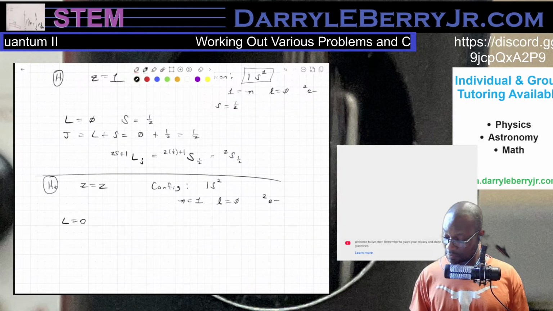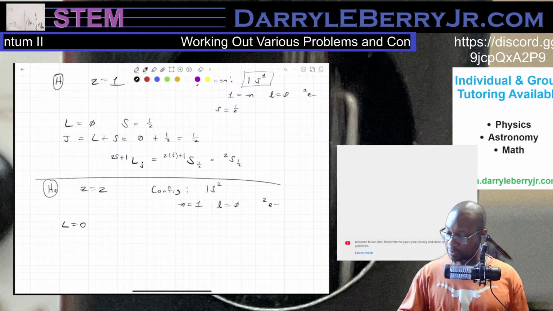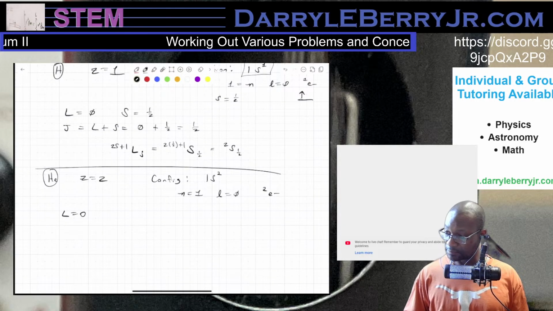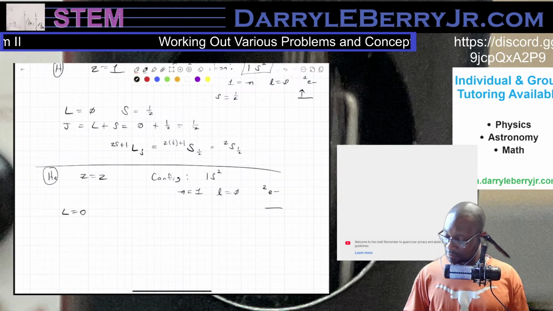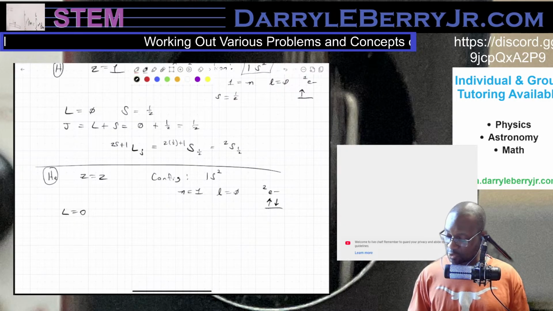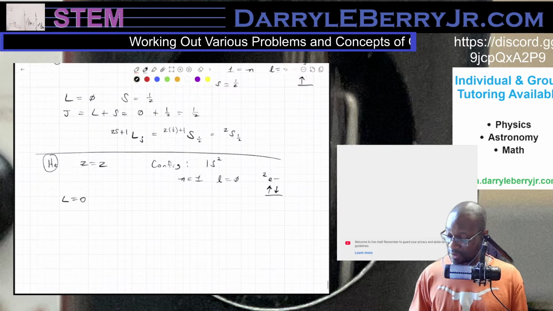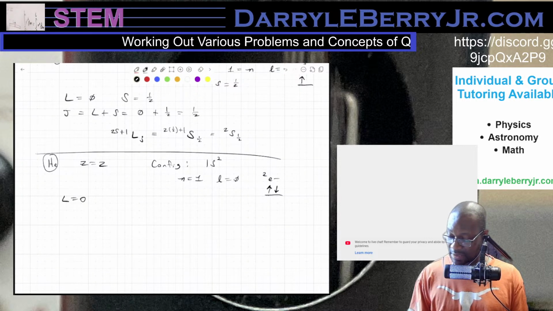For big S, if I'm understanding it properly, here there's 2 electrons, and in order to occupy the same orbital, since electrons are fermions, they can't be in the same state. One is up and one is down.